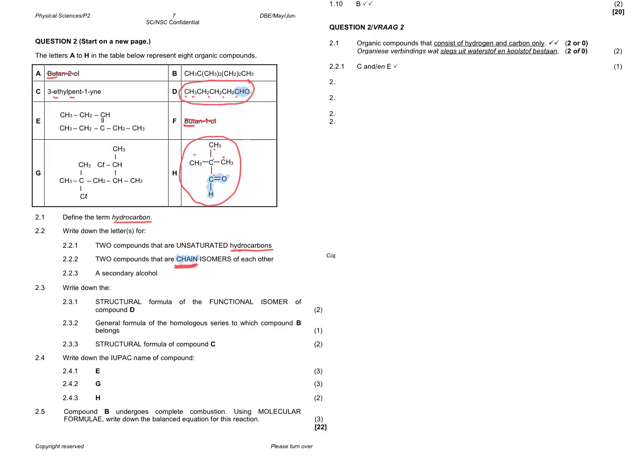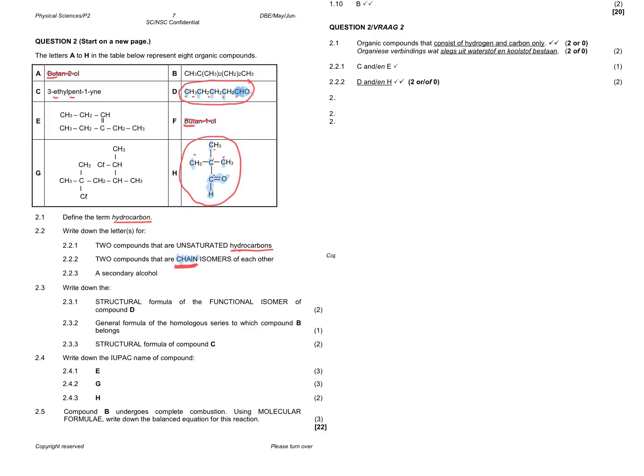And D has 1, 2, 3, 4, 5 carbons in it. H has 1, 2, 3, 4, 5 carbons in it. So they are both aldehydes with 5 carbons. If you count the H's, you'll see that they have the same number of H's. I know that they will because they're both aldehydes. So the chain isomers are going to be D and H, and you get 2 marks or nothing.